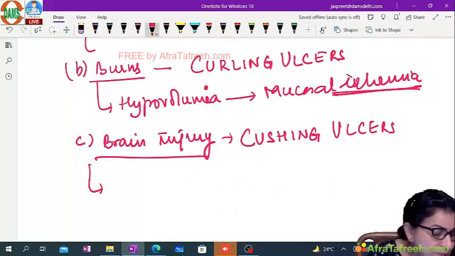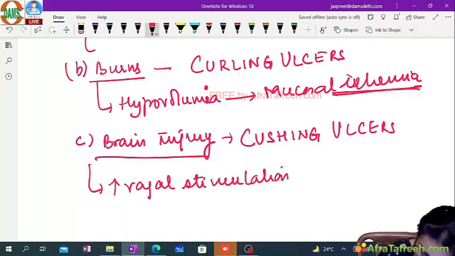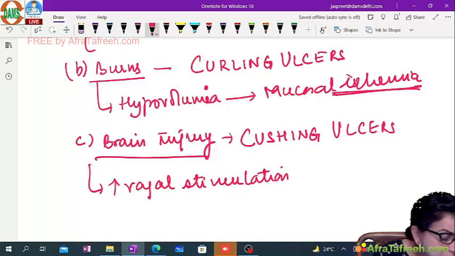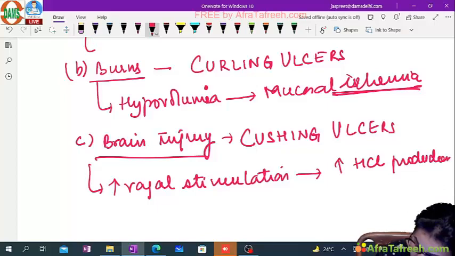Whenever the brain is injured, there is increased vagal stimulation, and increased vagal stimulation will lead to increased HCl production.